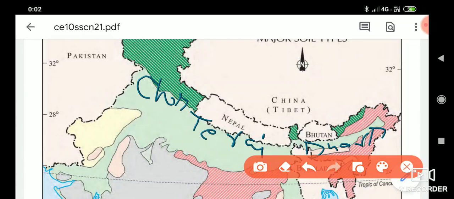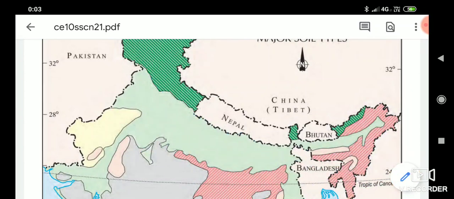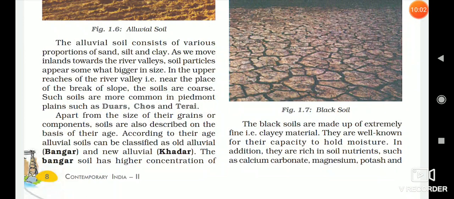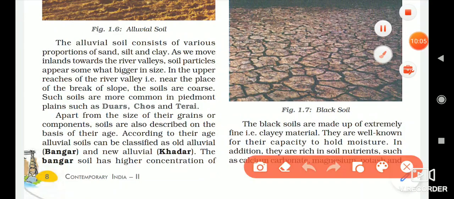I hope you are all clear about this Coos, Terai and Dwars. These are the foothills of the Himalayas, and these are all known as the Piedmont plains, and we classified these Piedmont plains into three parts: Coos, Terai and Duars.